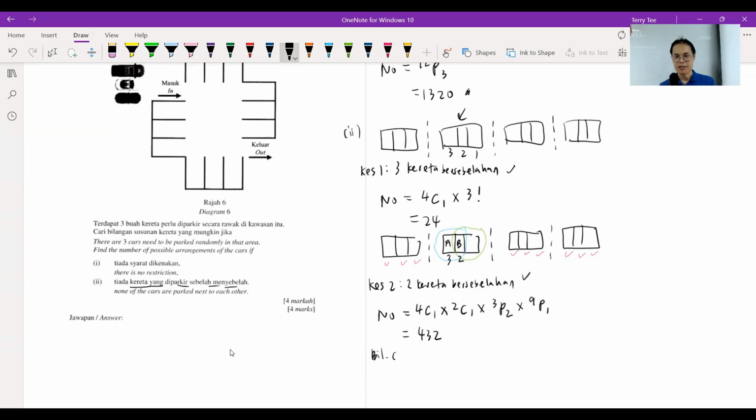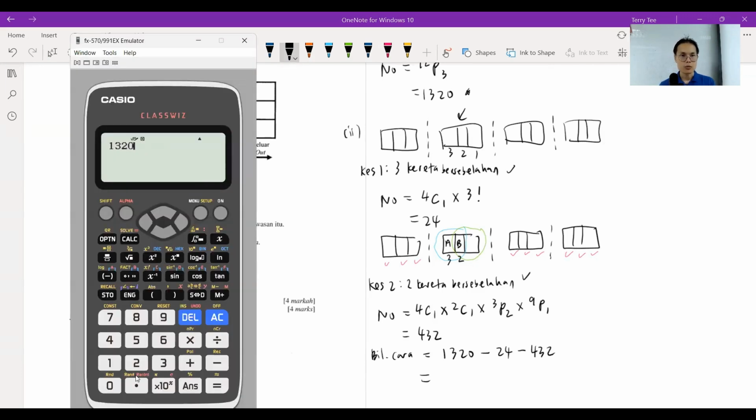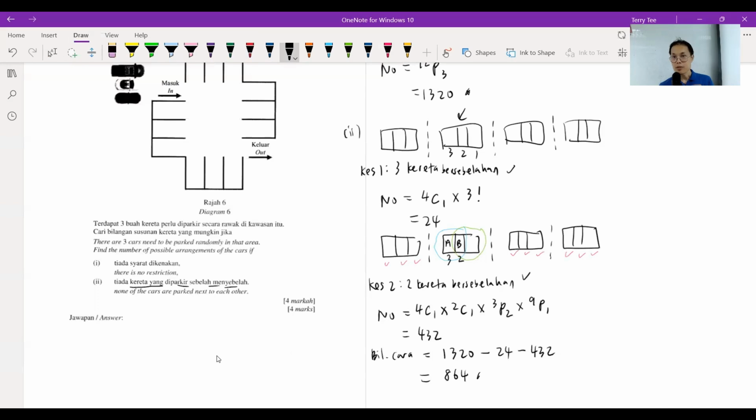We take total 1320 minus 3 cars next to each other, 3 kereta bersebelahan, minus 2 cars next to each other, 2 kereta bersebelahan: 1320 minus 24 minus 432. There you go, 864. Yeah. So this is the best question so far for this book, this paper.